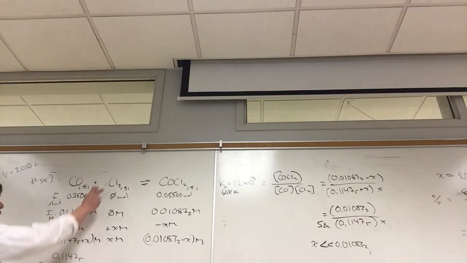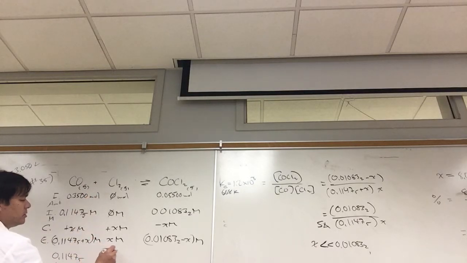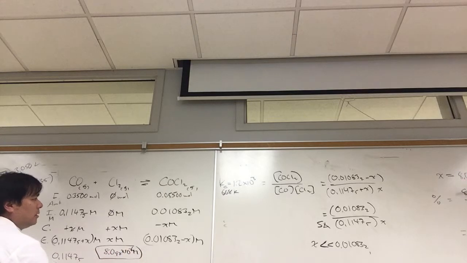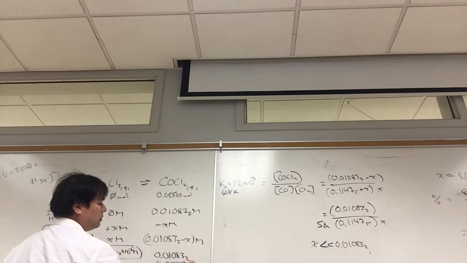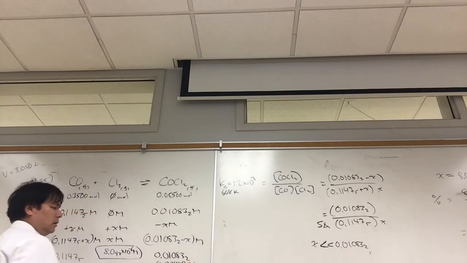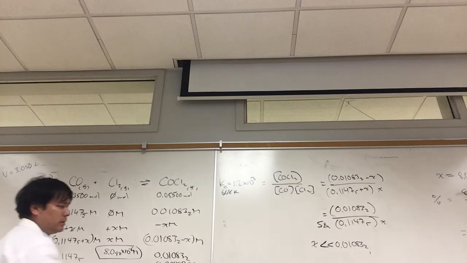Didn't change. And then the chlorine is going to be 8.097 times 10 to the minus 6 molar. And then the COCl2 is going to be 0.01083 minus 8097. So we're going to carry some extra zeros here.